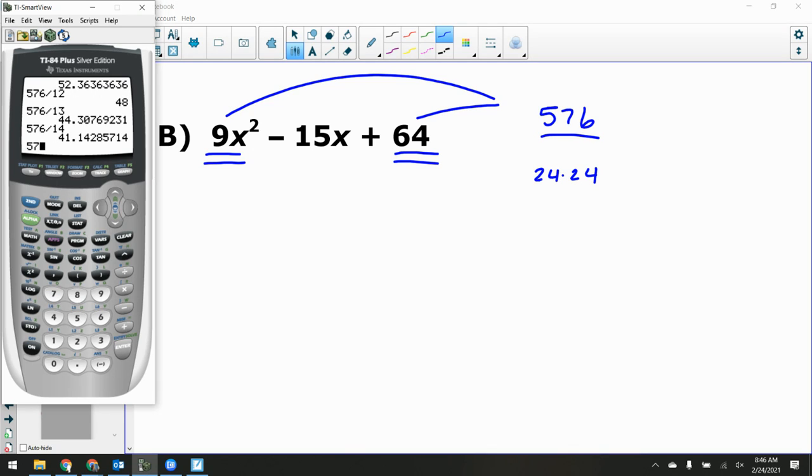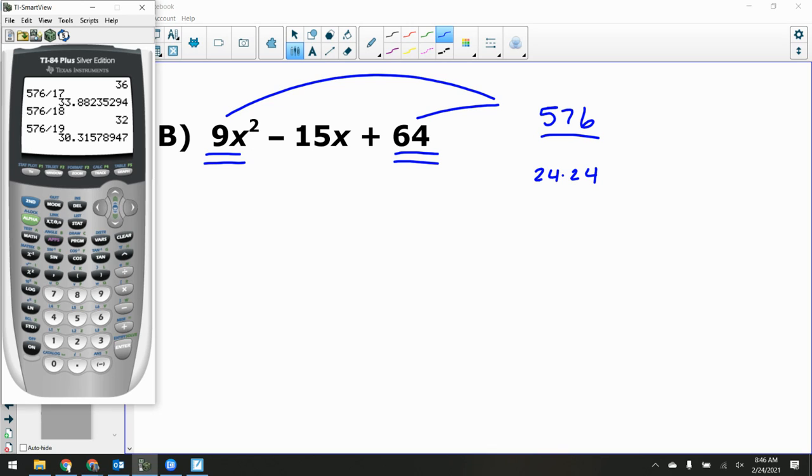No. 576 divided by 15? No, it doesn't end at a 0, so that's not going to work. Maybe divided by 16? Oh, no, that's no good. 576 divided by 17? Nope, that's not going to work. 576 divided by 18? No, that's still not going to work. 576 divided by 19? Because I'm looking for 15 here.